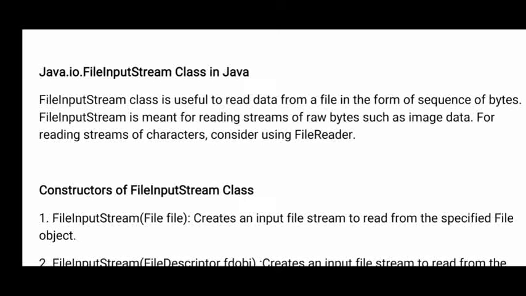See, file simple IO is nothing but the input and output files. Here, Java IO file input stream classes in Java means the classes, the streams which are related to the files. Means we are reading data from a file, we are writing data to a file.